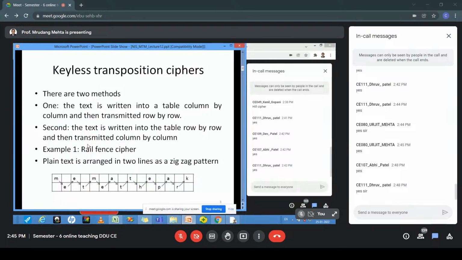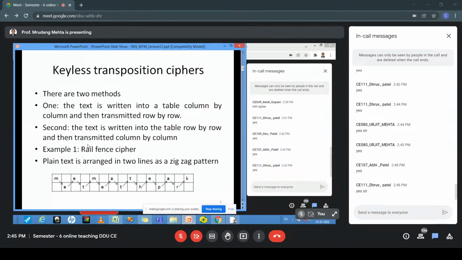The first 4 letters go in the first column, the second 4 letters in the second column, like that. The last column is TTP.